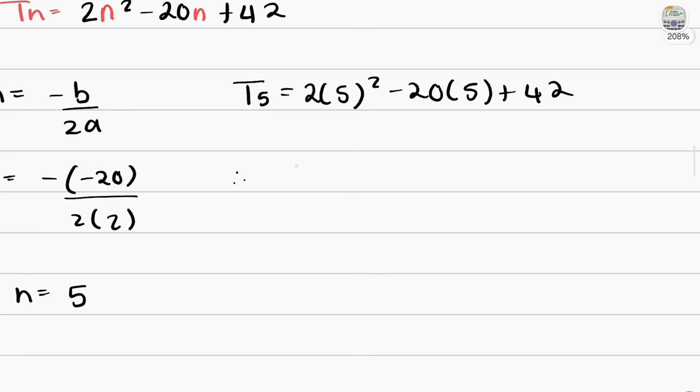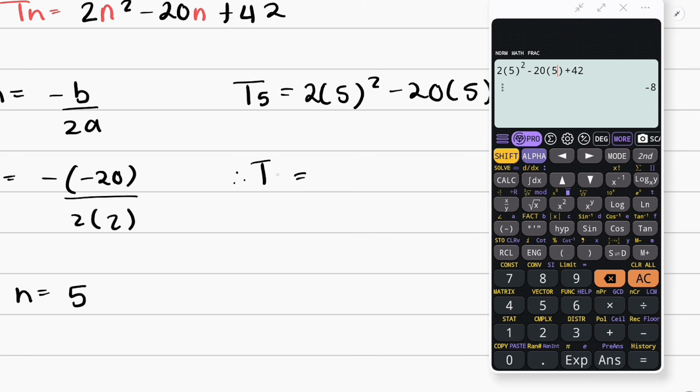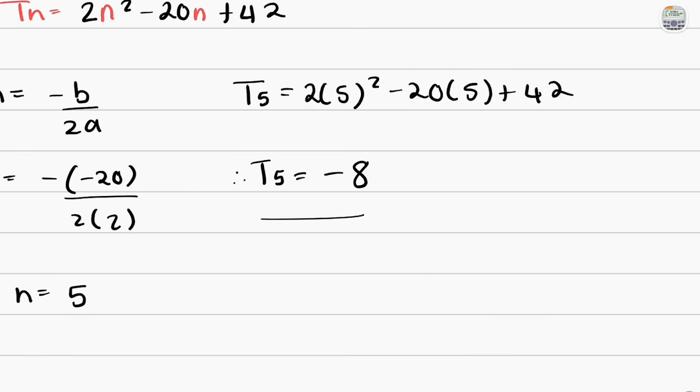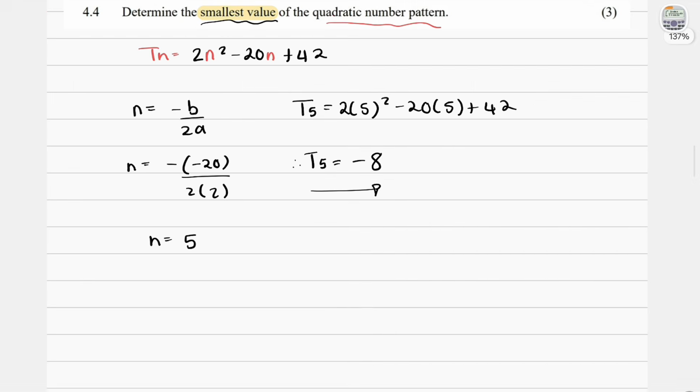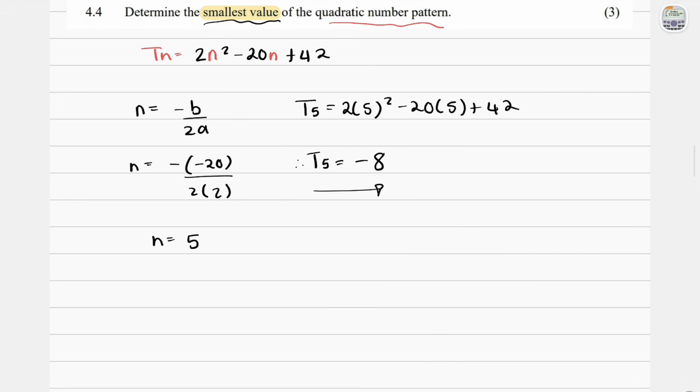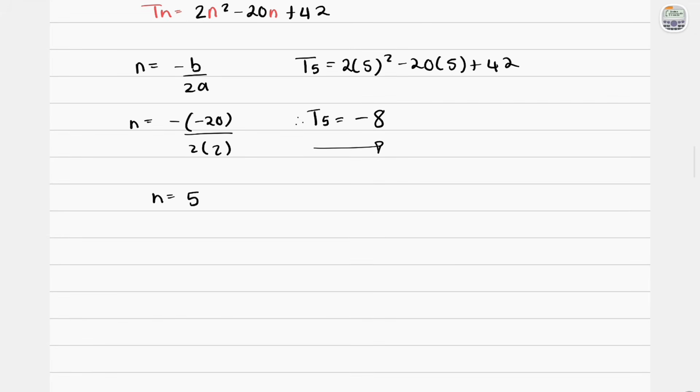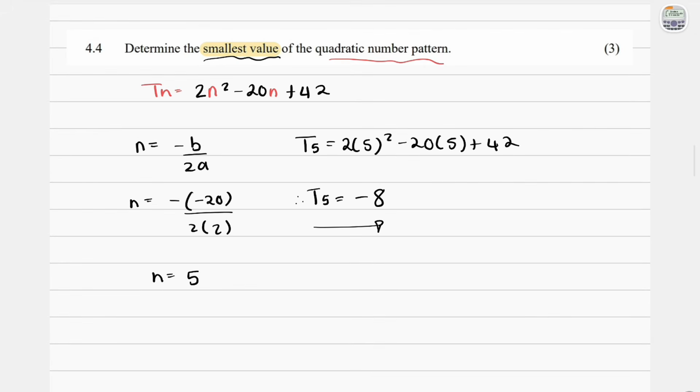So let's go ahead and substitute. We can see that the smallest value that this quadratic pattern will ever have is -8. The reason we were able to accept this is because n is equal to +5. It's not a negative number, so it's part of our term numbers. And that is our answer.